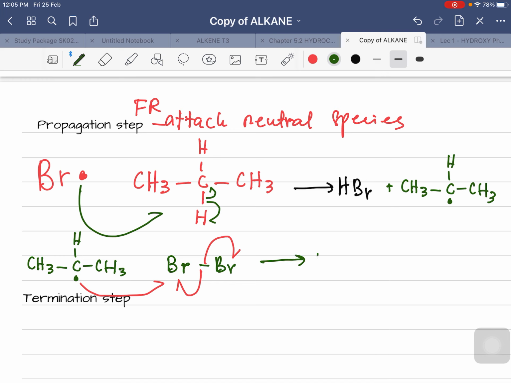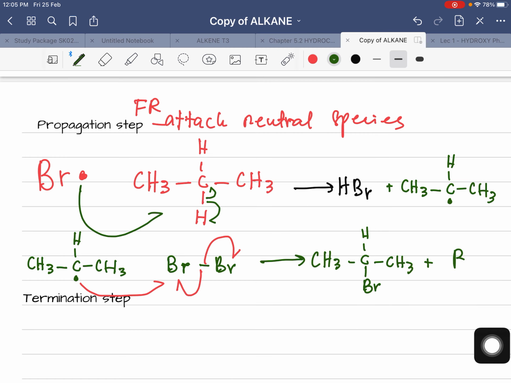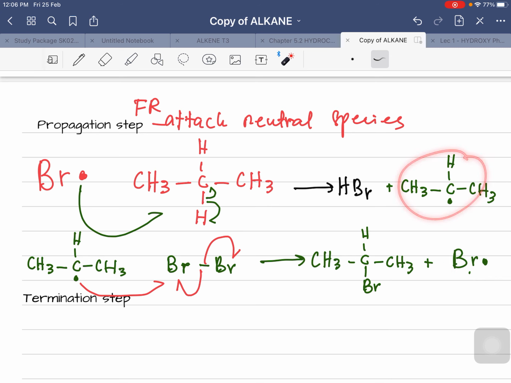So CH3, CH3, and then making a bond between carbon and bromine, plus the other bromine left here will be a bromine radical. This bromine radical will attack another neutral species, either neutral bromine like this, or the bromine radical attacks alkane, or the alkane attacks bromine.